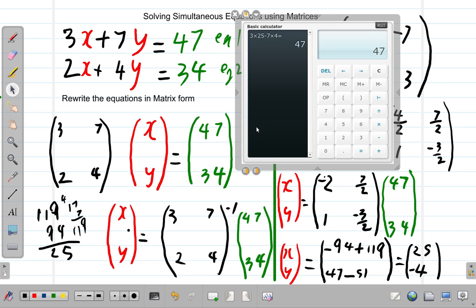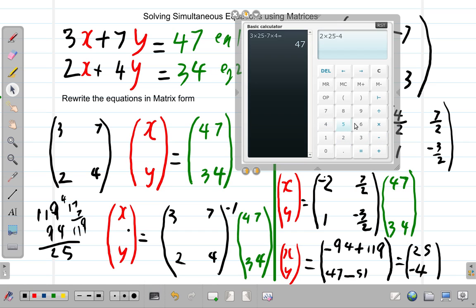Let's try equation 2. Let's clear the screen. If this is what we say it is, y is equal to negative 4 and x is equal to 25, it should work out for equation 2 as well. 2 times x, which is 25, plus 4y, plus 4 times negative 4 is going to end up as a minus.